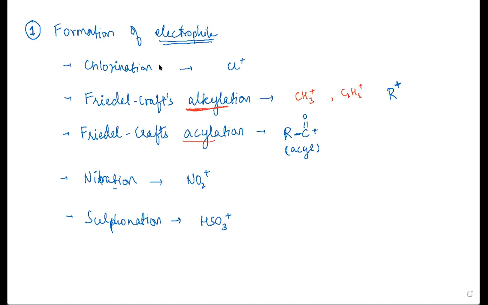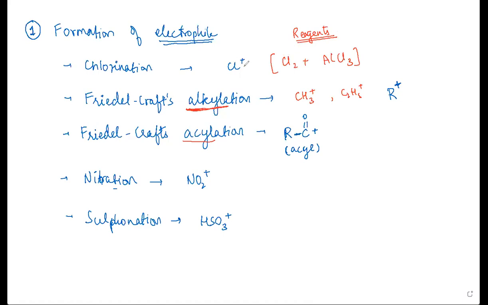In order to get Cl plus, the reagent that you use would be chlorine plus a Lewis acid like AlCl3. So these are the reagents that you use. Basically, we need to get Cl plus added to benzene, substituting hydrogen.